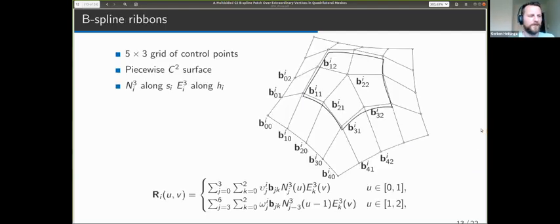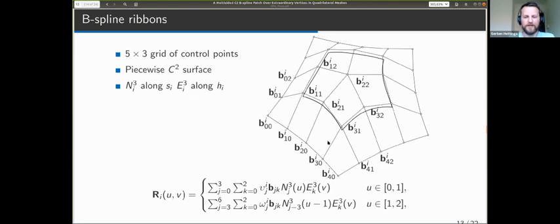So with these functions, we can now construct our B-spline ribbons. Over here, we have a B-spline ribbon for this side of the patch. It's a 5x3 grid of control points. It's a piecewise C2 surface. So actually we have 2 pieces, which can also be seen over here.